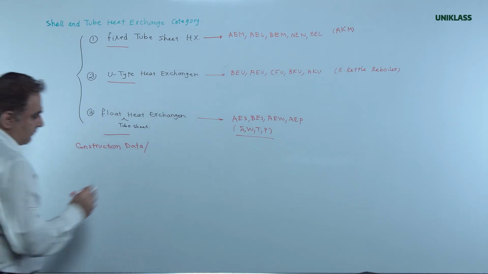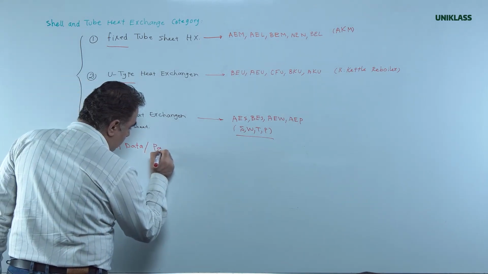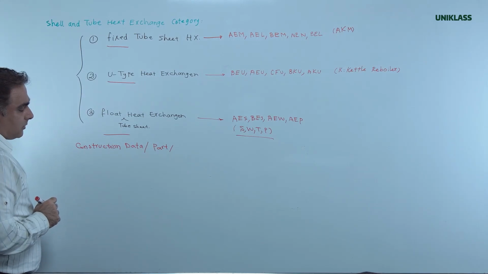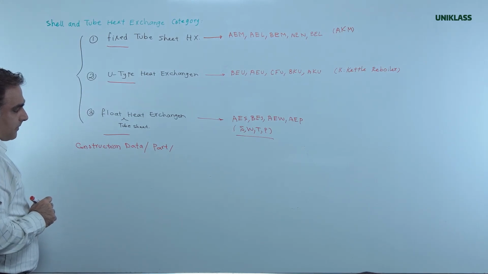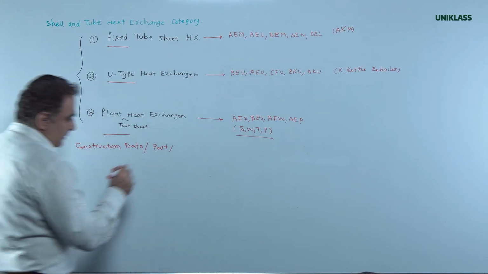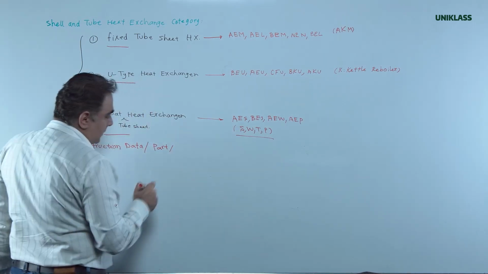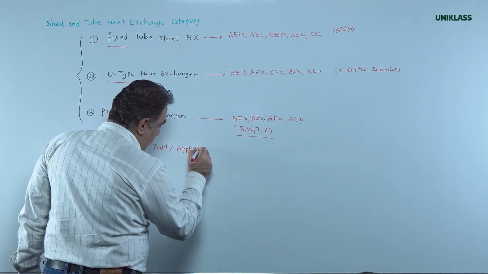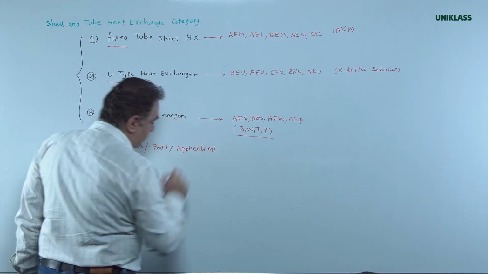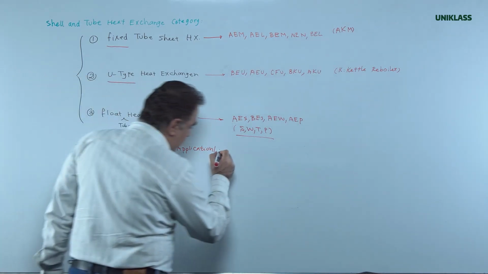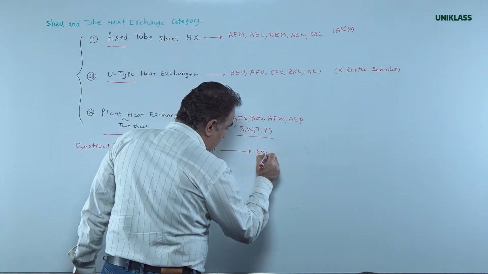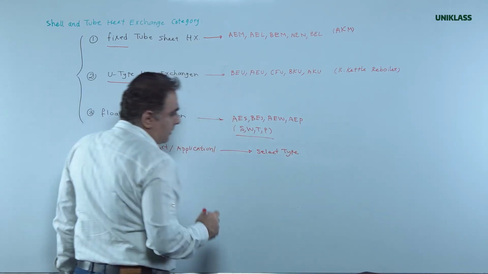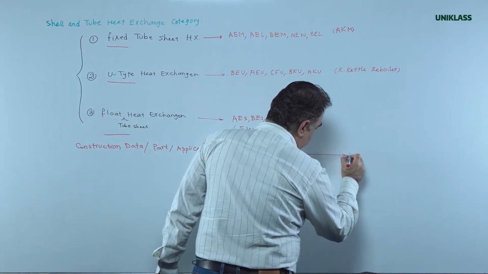Second, we shall know the parts and position of each part in the heat exchanger. Therefore, we shall know the application of heat exchanger. And finally, based on this, select the type and design the heat exchanger.